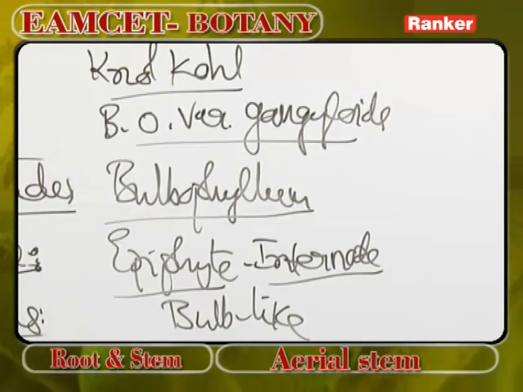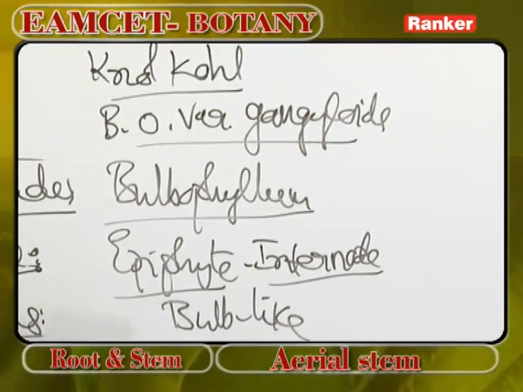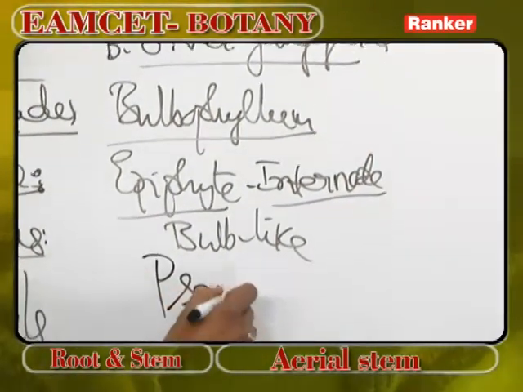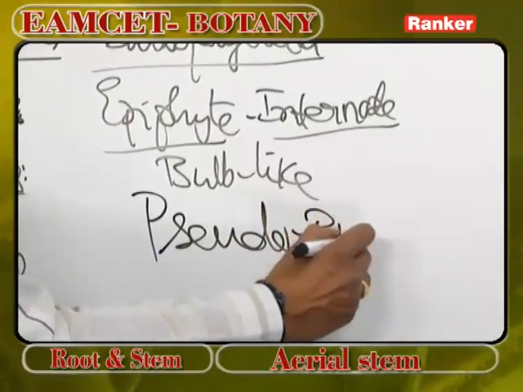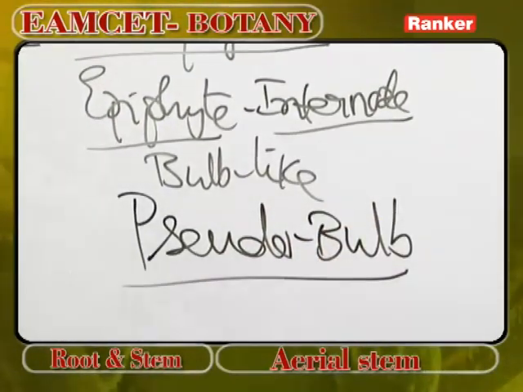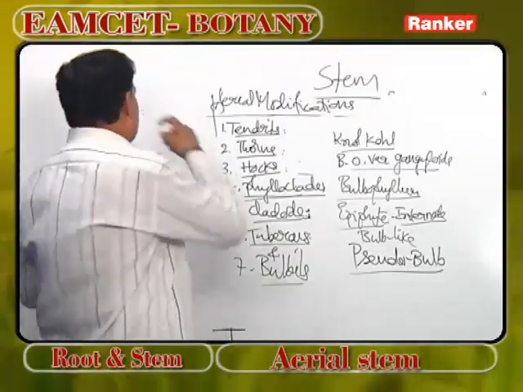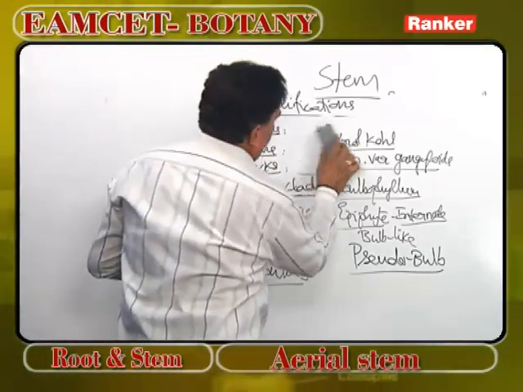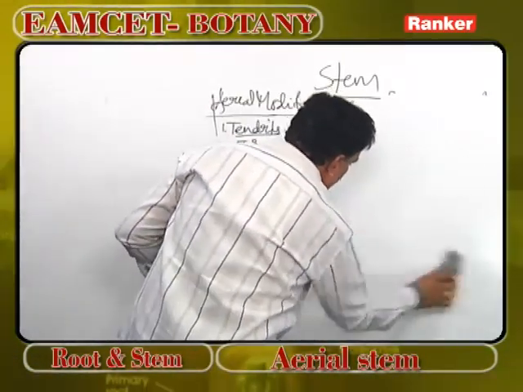It is not a real bulb, it only appears like a bulb, so it is called a pseudobulb. So, knol-khol and Bulbophyllum show tuberous stem.